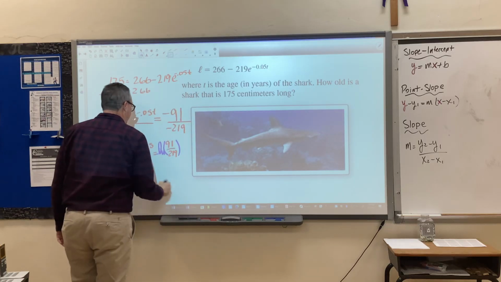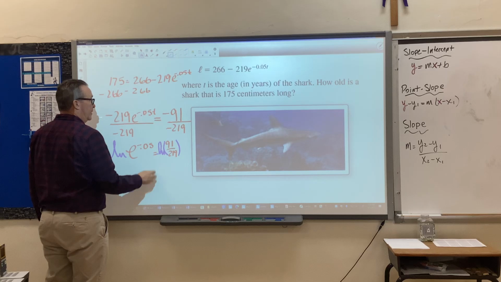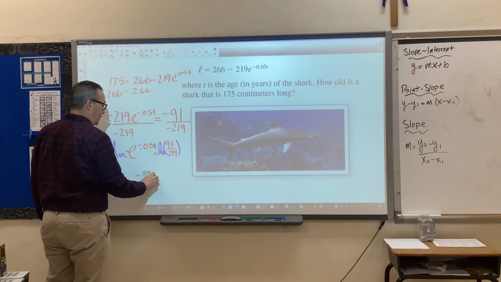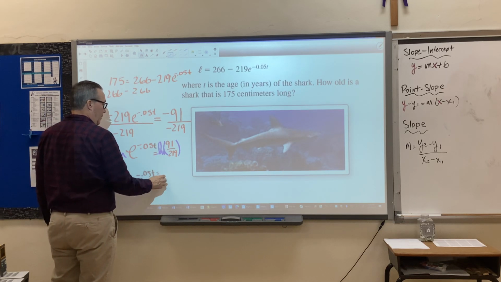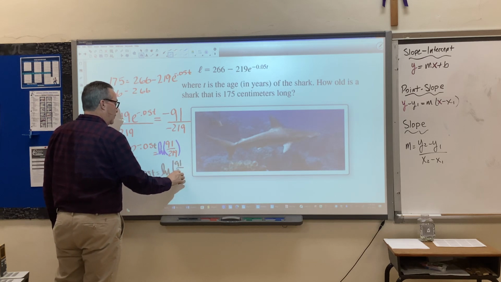We get negative 0.05. Oh, there probably is a t there at some point. T equals the natural log of 91 2/19.